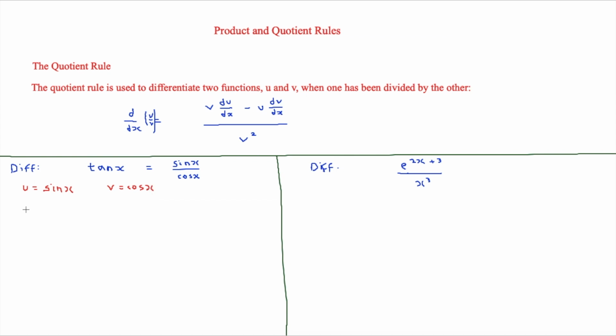Then we'll get du over dx, and we can say that that is going to be equal to cos x. And dv over dx is equal to minus sin x.